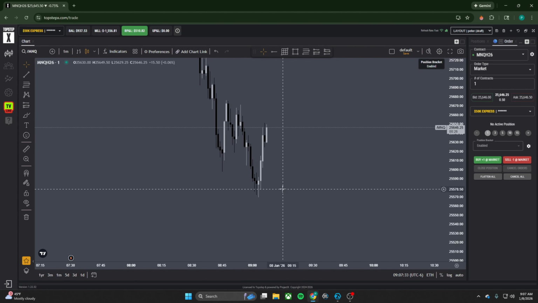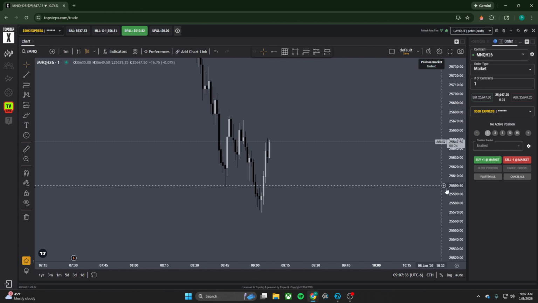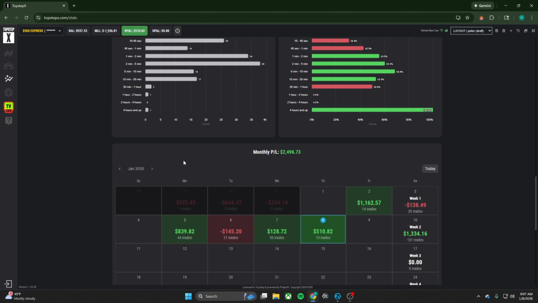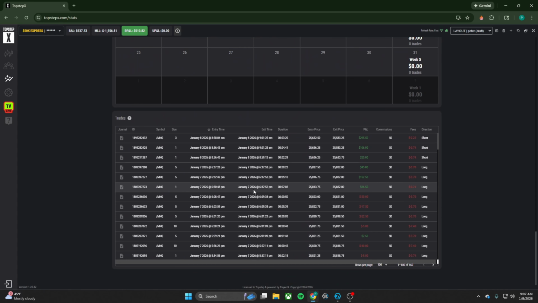I want to mark it out on here just so I can journal it. See where we got entered and filled and all that. So this morning, we entered at 25,636.25.